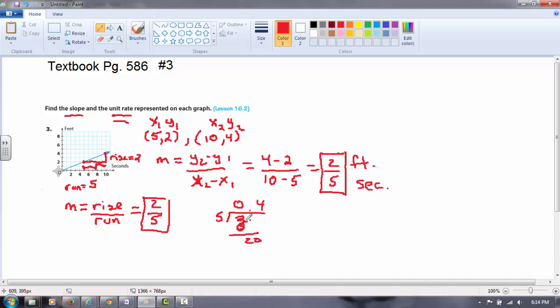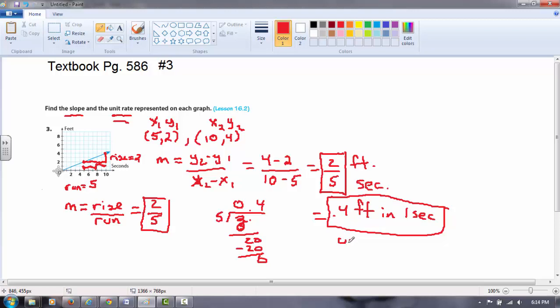Looks like you're going to get 0.4. And if you do that, you're going to end up with 0.4. What that means is 0.4 of a foot in 1 second. And this right here would represent your unit rate.